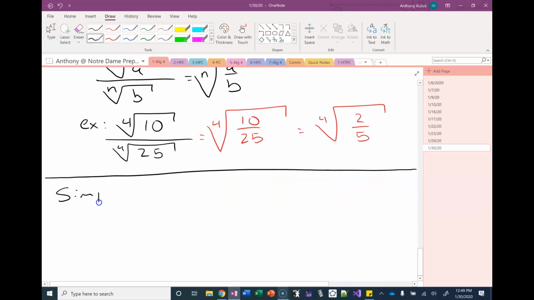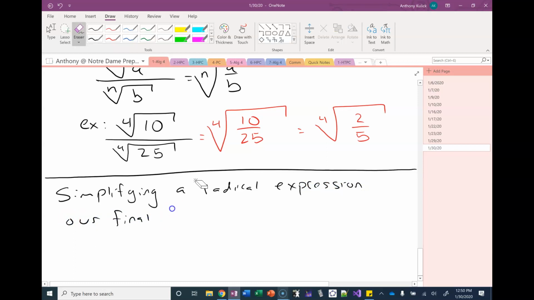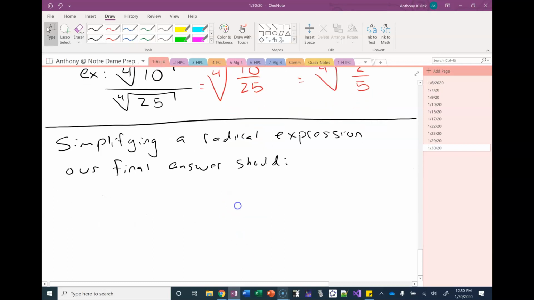So when we want to simplify a radical expression, our final answer should have the following attributes.